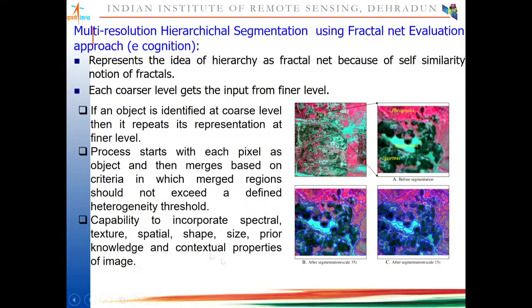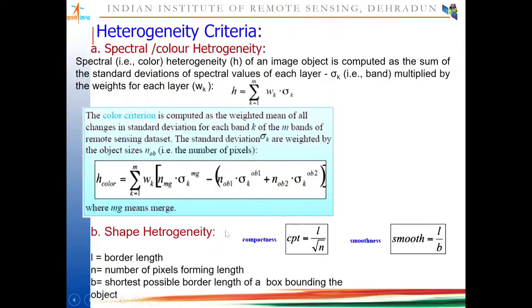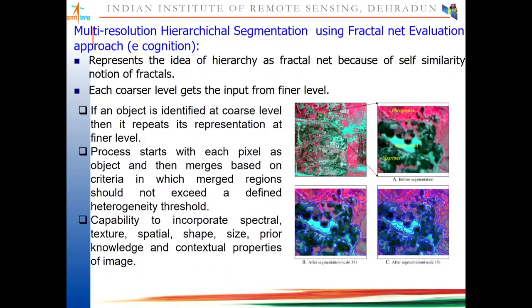Now the user can vary the heterogeneity criteria, test them and then arrive at a logical input for the heterogeneity criteria and the scale parameter, etc. So here as you see, these segments have been created.